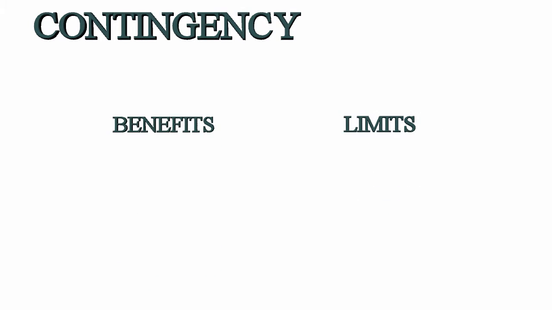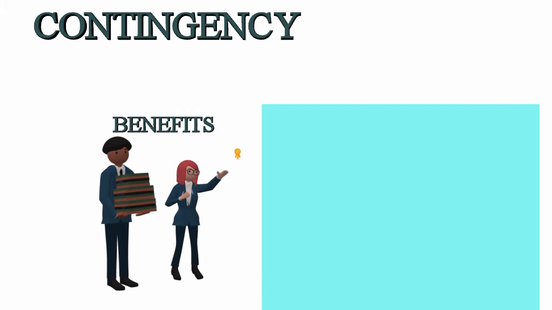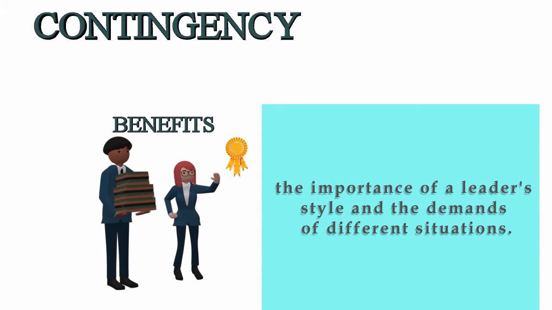What are the benefits and the limits of the contingency or situational approach to leadership? Contingency theory has broadened the scope of leadership understanding from a focus on a single, best type of leadership to emphasizing the importance of a leadership style and the demands of different situations.